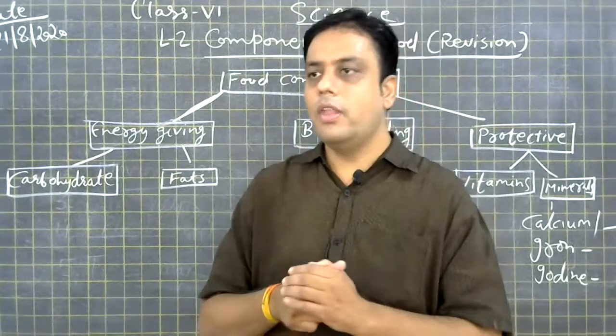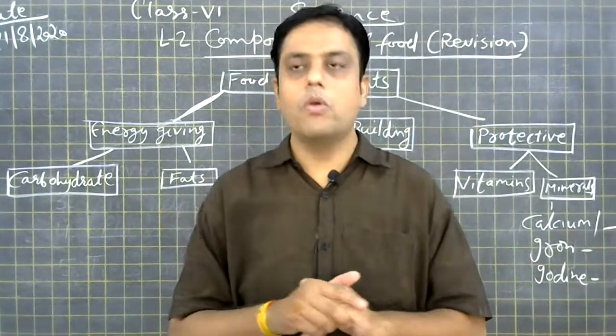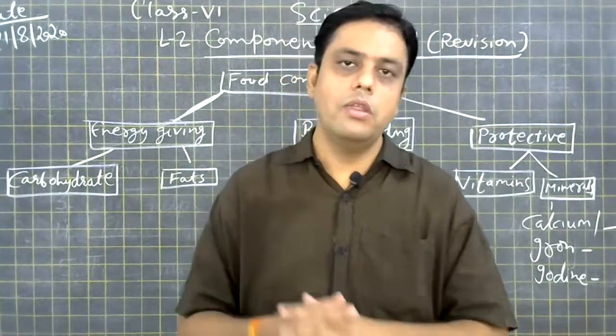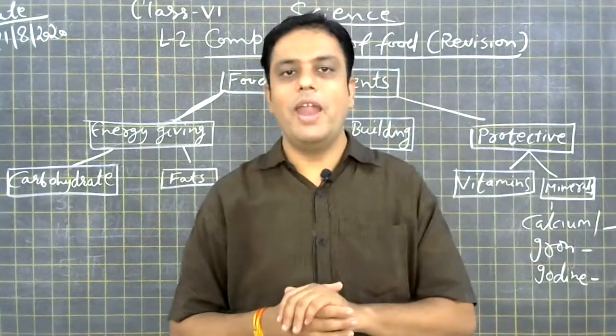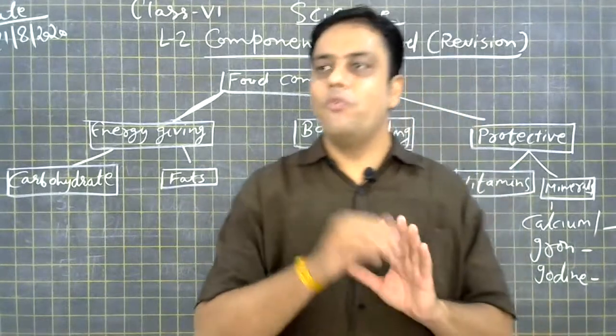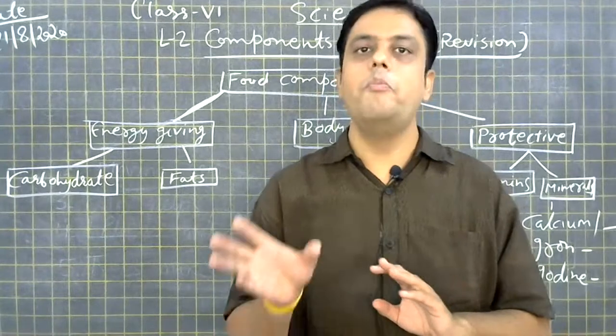Now what is left in this lesson: different types of diseases because of imbalanced diet and different types of diseases because of lack of these nutrients. So that we will discuss, as well as the main and important questions.